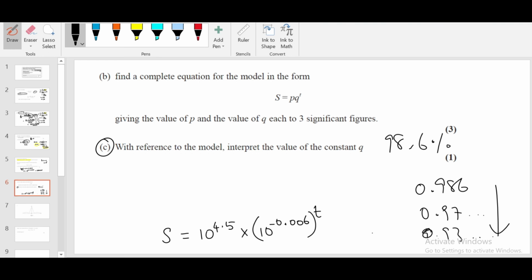From 100 it becomes 98.6 now, 1.4 percent reduced, and the next year also the same. So you can say the sea floor covered by the coral reef reduces by 1.4 percent each year. That's one way of answering.